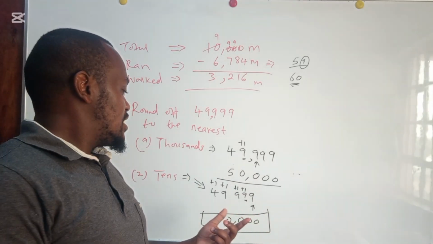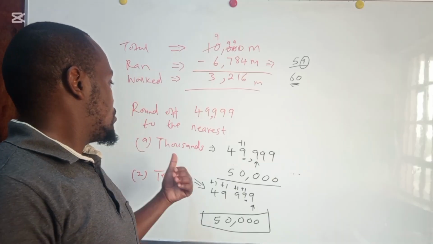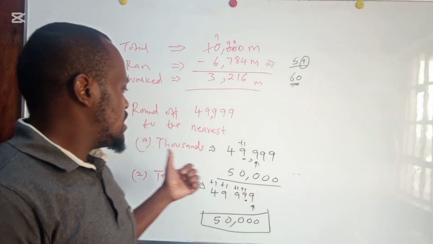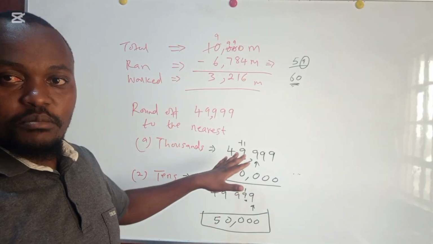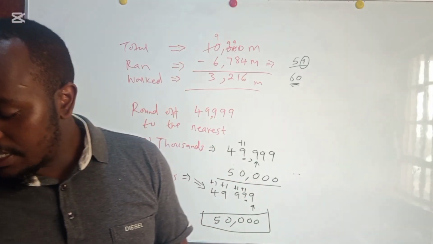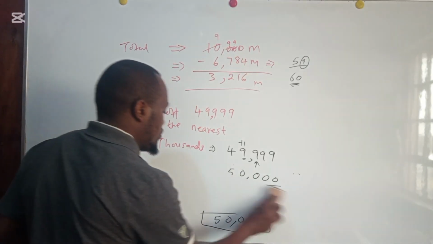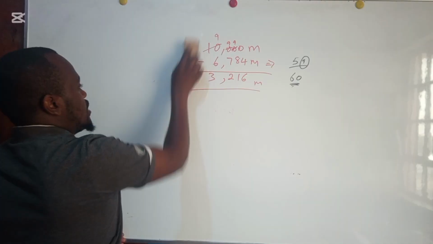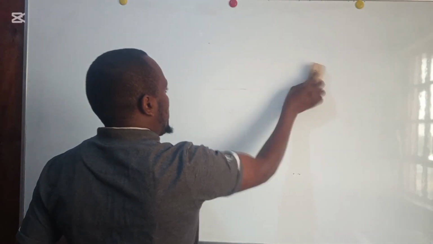To the nearest tens would be the same as the nearest thousands. Anyway, for your exam, they might not bring a very tricky one, but it is important to understand this concept. Remember, we are not learning just for the exam, but also to understand really what this is all about.